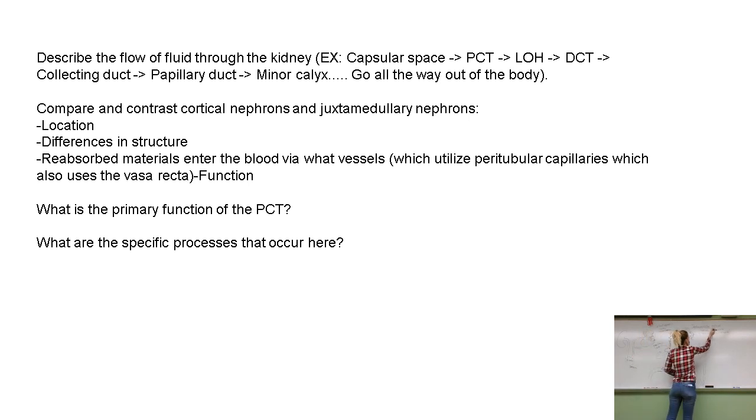Okay, so juxtamedullary nephrons have a long nephron loop that allows for increased reabsorption of water and allows us to excrete and get rid of concentrated urine.